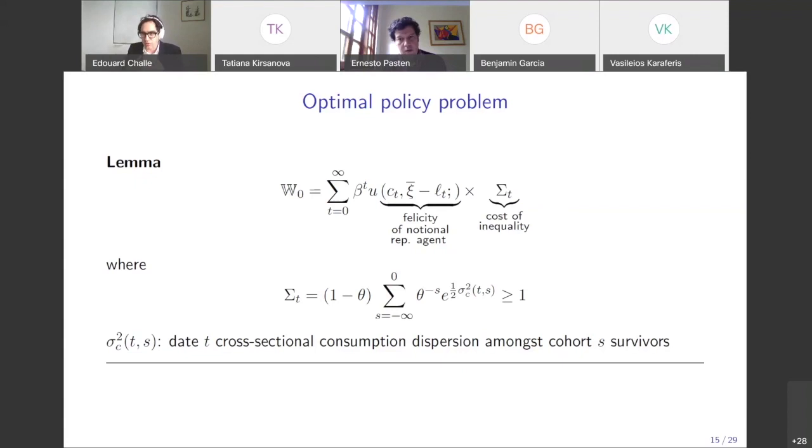And this cross-sectional variance will be increasing over time as agents move away from each other. Okay, but that's at the level of one cohort. And you need to aggregate the cross-sectional variances across cohorts, which is what the summation does here. Okay?